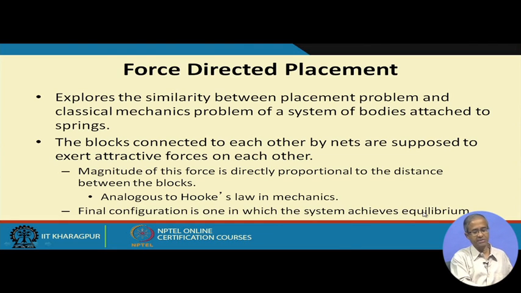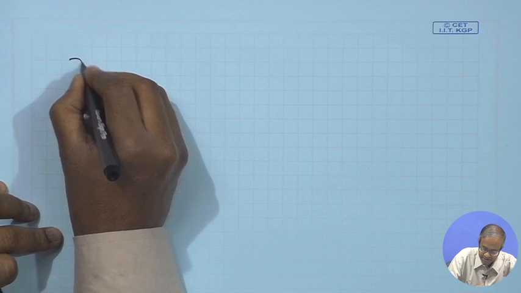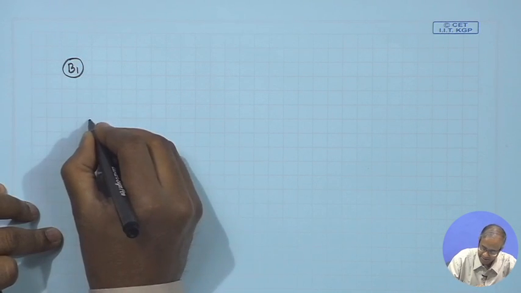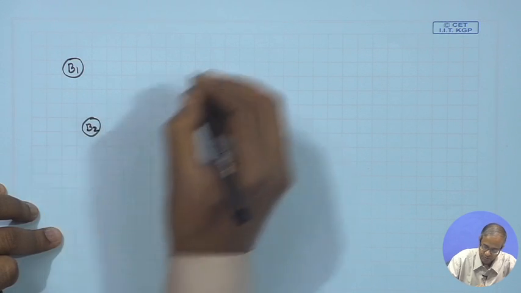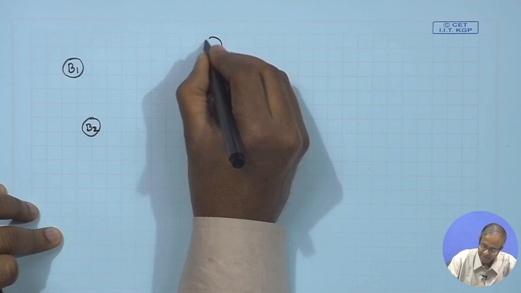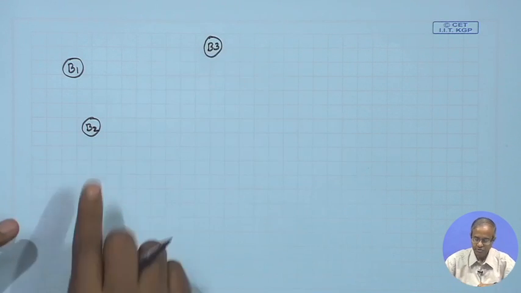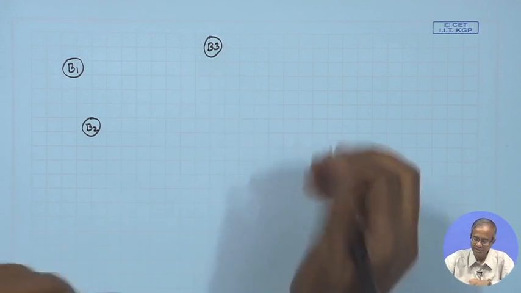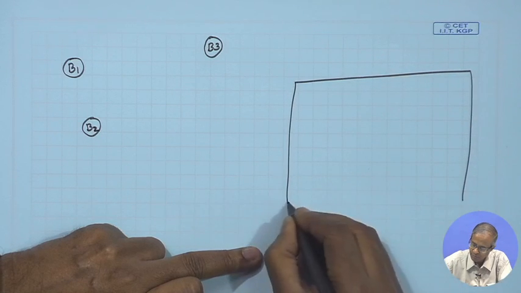So, when I say system achieves equilibrium, let us take another example to illustrate this. Let us say I have 3 bodies, okay. Let us call them blocks B1, B2 and let us say B3 is here. I am assuming that these 3, B1, B2, B3, represent blocks which are already placed on a floor plan.